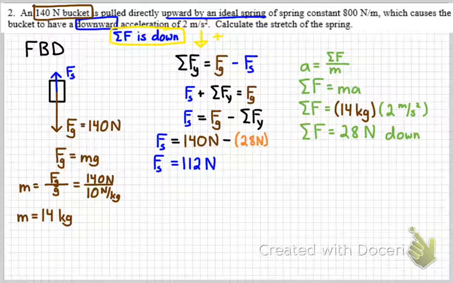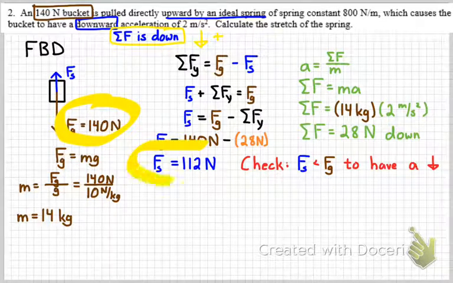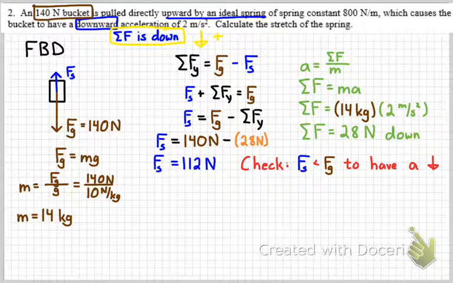Now here's a point where you can stop and check yourself. The net force is downward, meaning that the force of gravity should be larger than the spring force. And so if you go back and you compare those two values, the 140 newton weight versus the 112 newton spring force, you can see that that is the case.